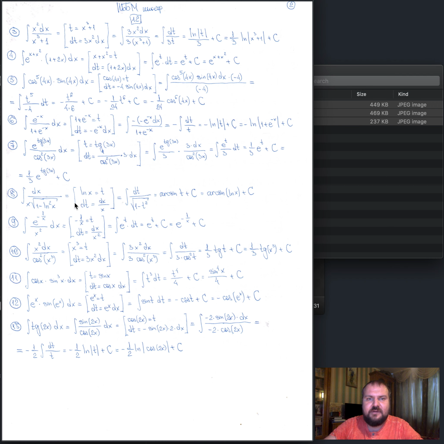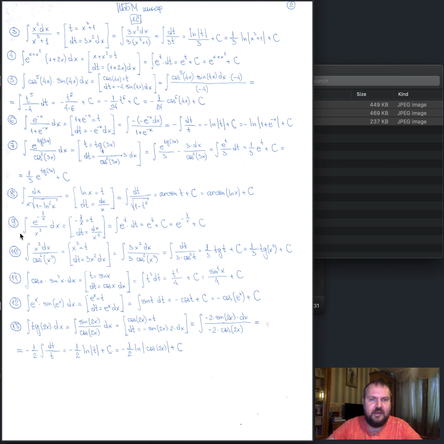The easy way to find dt, the differential: dt would be dx divided by x, so we can rewrite the initial integral as dt divided by square root of 1 minus t squared. The correct answer would be arcsine of t plus constant, and we change back to the initial variables. It would be arcsine of the logarithm x plus constant.